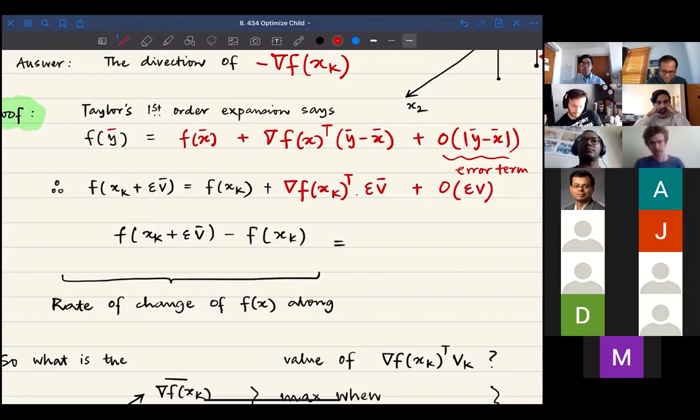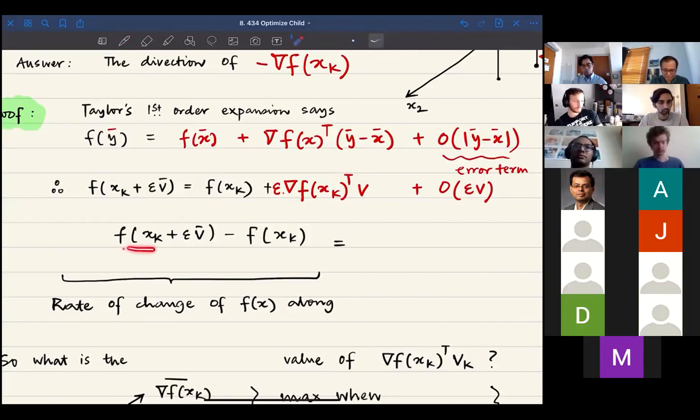Now, because epsilon is a constant, why don't I move the constant here and make that a dot product? Are you comfortable with that? Epsilon v is nothing but that v vector multiplied by epsilon, right? So I'm just taking the epsilon outside and doing the dot product first. Now, I'm going to bring f xk to the left side.